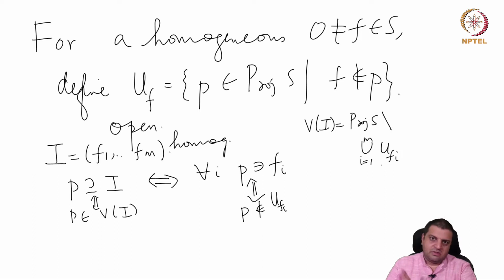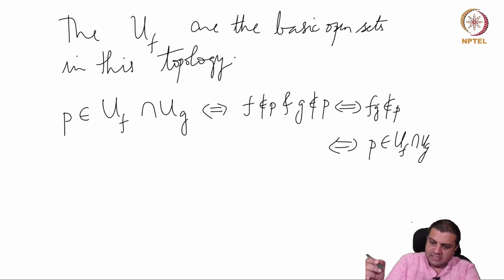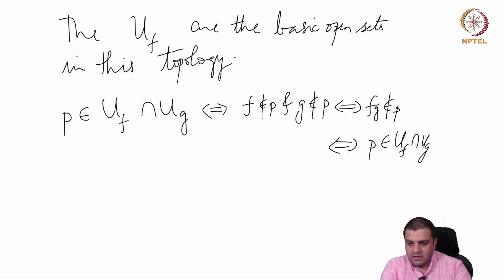We also need to check that the UFi are meant to be basic open sets in that topology. We need to check one more thing, which is that UF intersect UG contains some open set of the same kind, a basic open set. So P is in UF intersect UG if and only if F is not in P and G is not in P, if and only if the product FG is not in P. This is where primality is used.